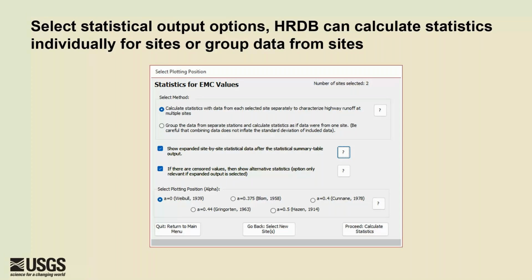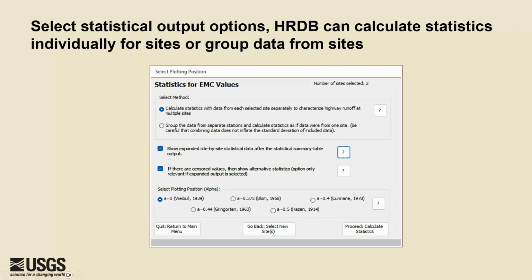But there are several options here, and there are question marks to the right of everything that you can always click on if you don't know what something means. So once we pick the options that we want, we can click that Proceed Calculate Statistics button.